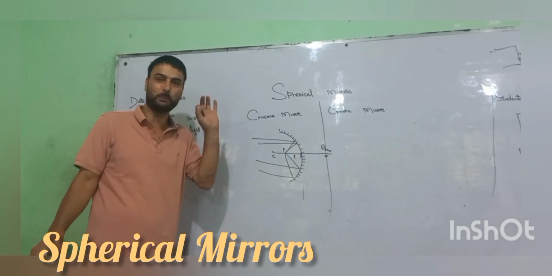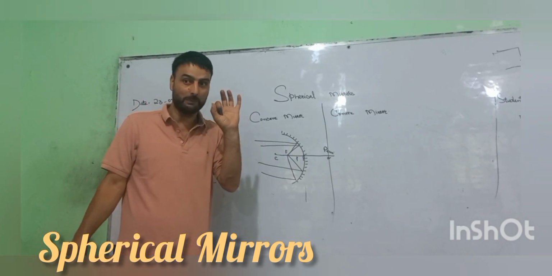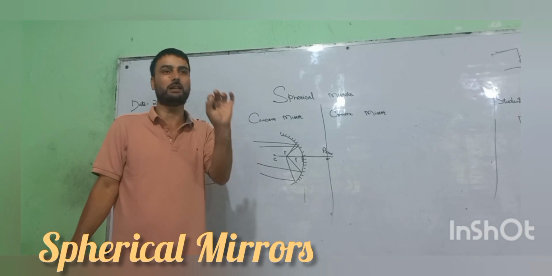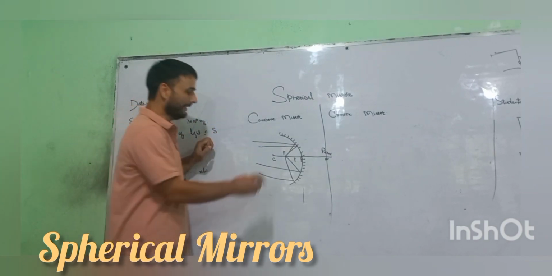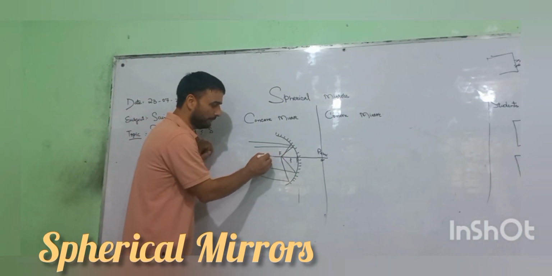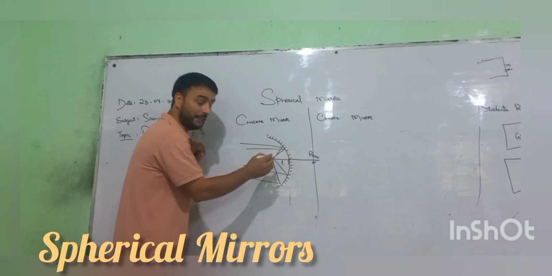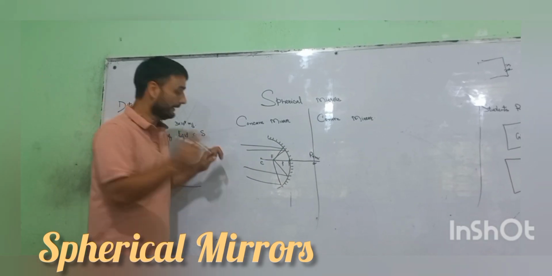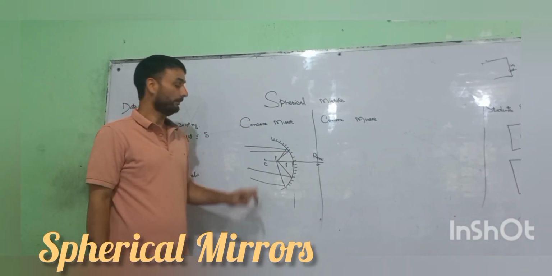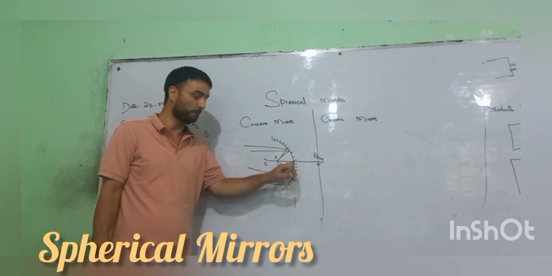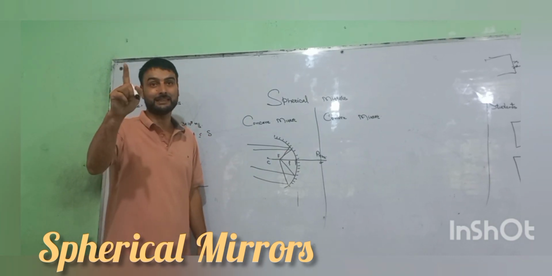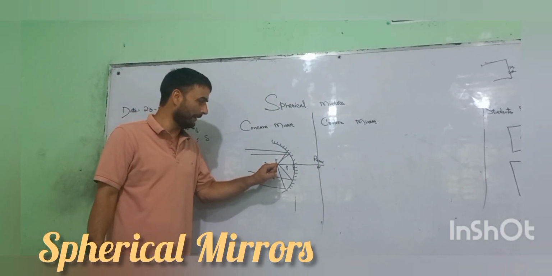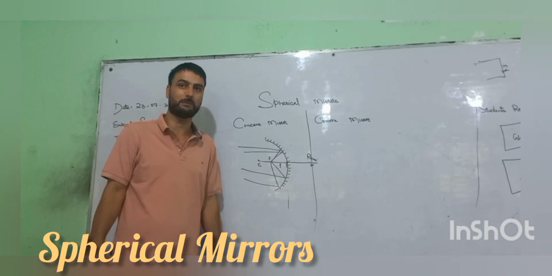The principal focus is the point where rays of light meet on the principal axis. My dear, the distance from C to P is twice the focal length. It means if the distance from C to P is 10 centimeters, then the distance from F to P, the focal length, is only 5 centimeters.